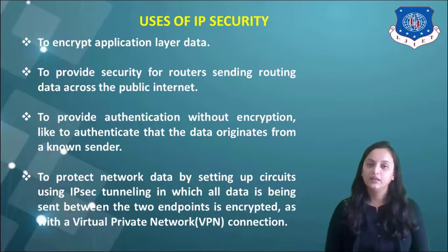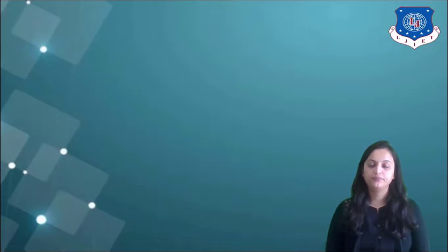That means whenever the originator of the data is authenticated, it assures that the receiver receives the correct data. Next is to protect network data by setting up circuits using IPsec tunneling, in which all data sent between the two endpoints is encrypted, as in a virtual private network, VPN, connection. So these are the basic uses of IP security.